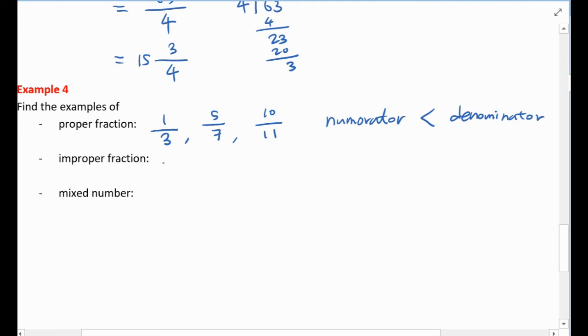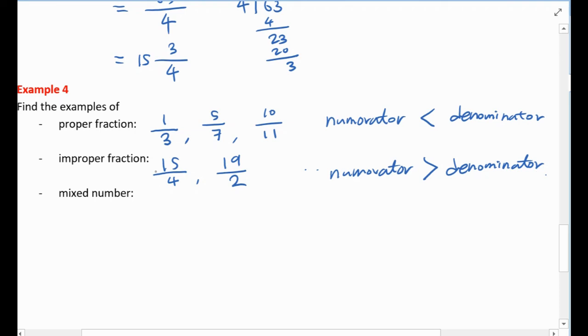Improper fraction. So that is 15/4. The numerator should be greater than the denominator. Or like 19/2, something like this. So numerator is greater than the denominator.